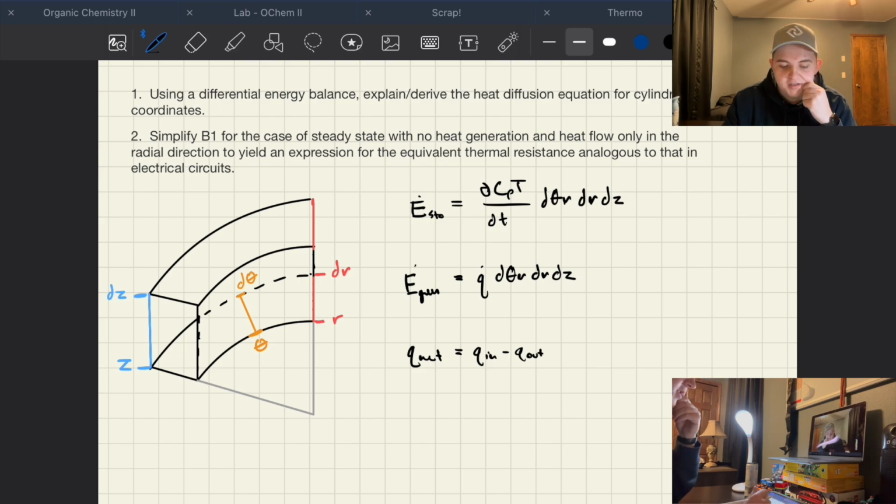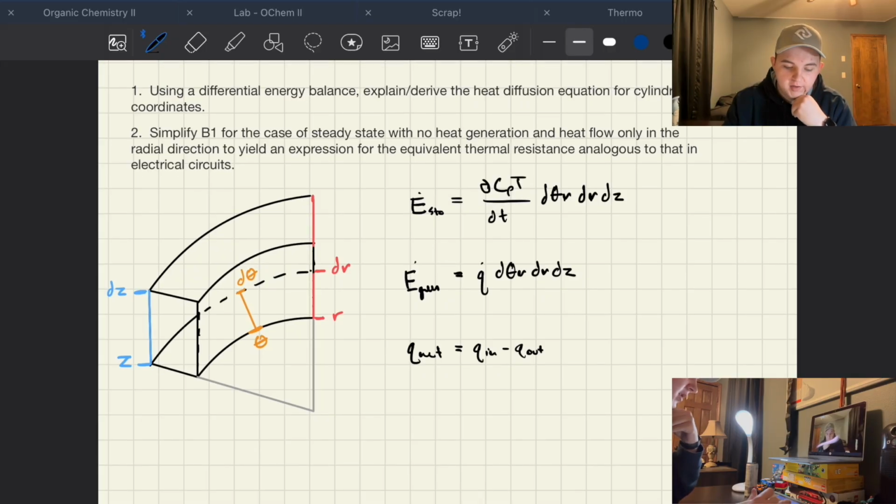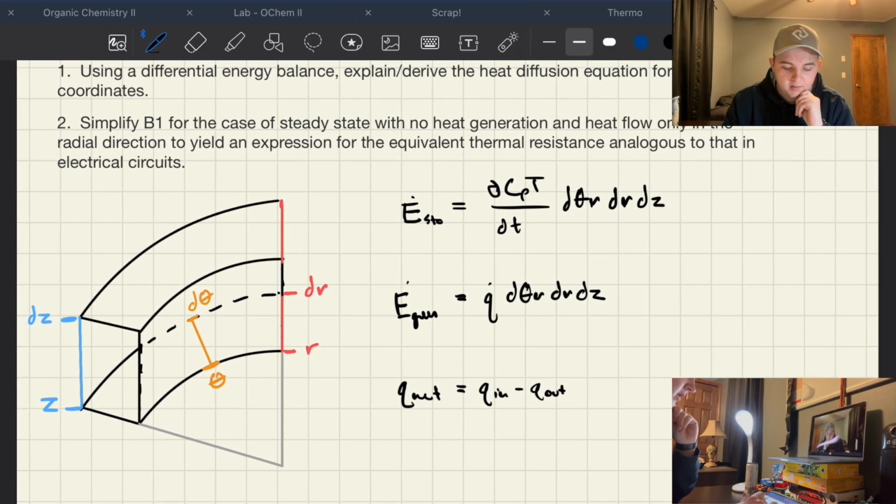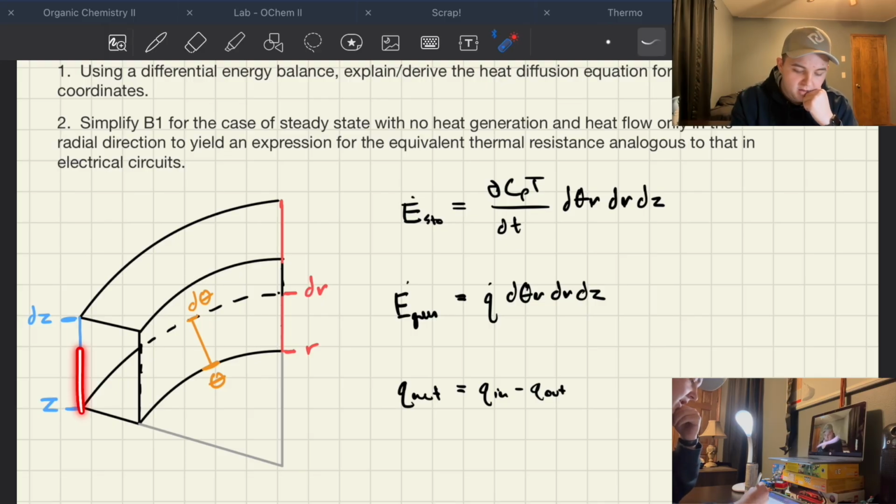We have a cross section of a cylinder here, and I have our sections of z to dz on the left, and then I have our theta to d theta on our axes here, and I have our r to dr, which I have here, which is also the same here.